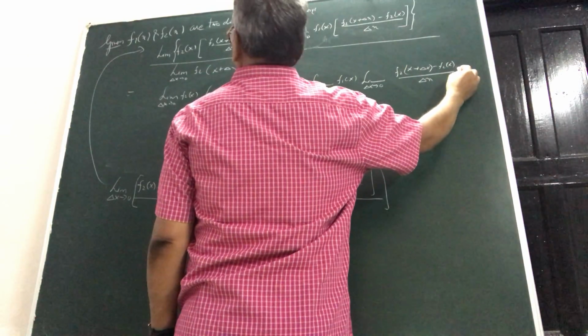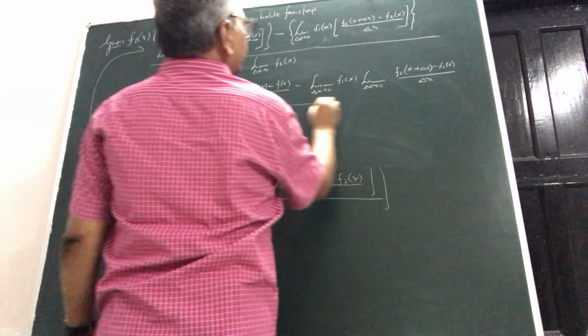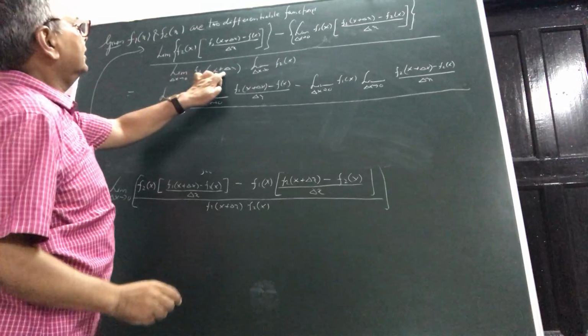And then whole upon the denominator; this limit is what?